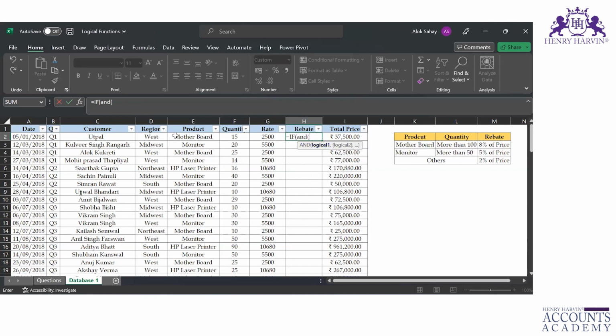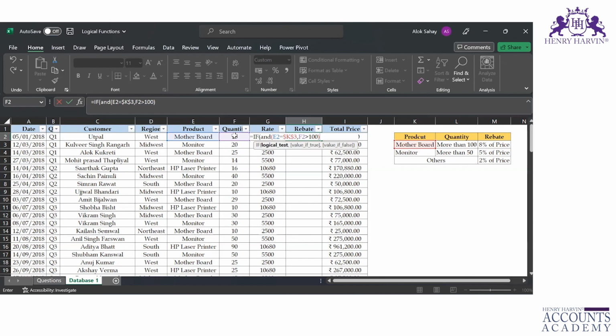The first logic is the product is equal to motherboard. The second logic is your quantity should be greater than 100. It is saying that your quantity should be more than 100. So you have provided both the logics.